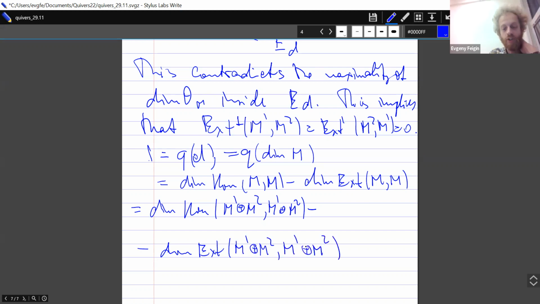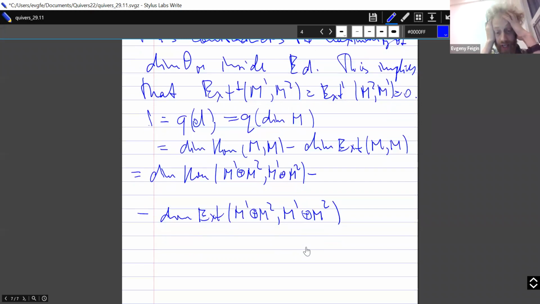So can you tell me what do we know about the dimension of this Ext space? It is 0. Why? Because all of Ext(Mi, Mj) is equal to 0. Right.